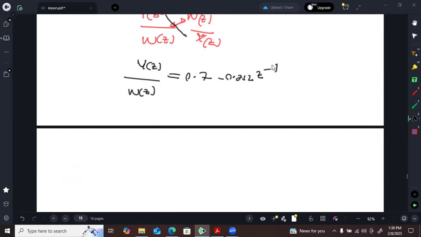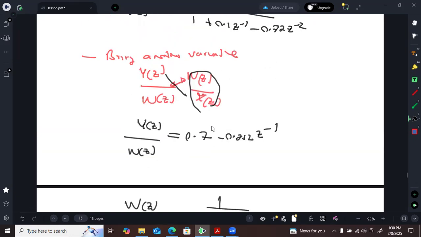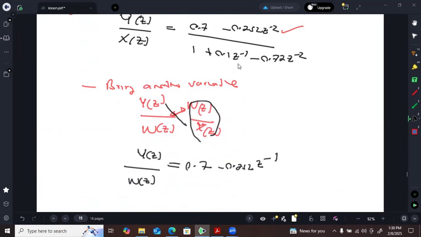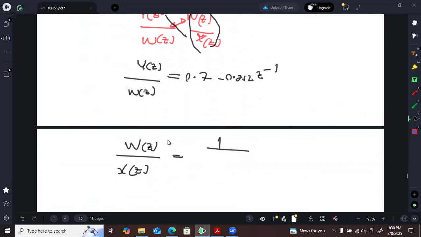And the remaining part, W of z over X of z, is associated with the denominator, because when you multiply them, you still get this fraction. So we'll have 1 over 1 plus 0.1 z minus 1 minus 0.72 z minus 2.